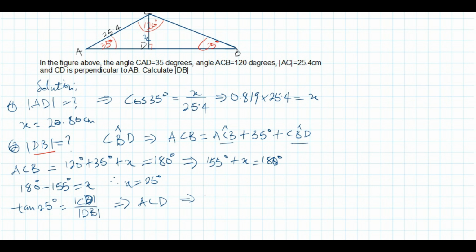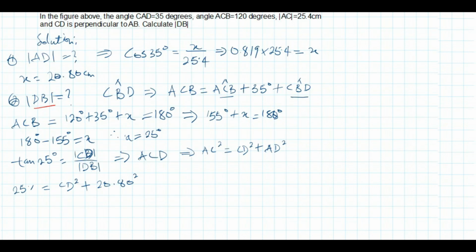So the hypotenuse, which is AC, squared, should give us the opposite, which is CD squared, plus AD squared. Now 25.4 squared is giving us 645.16.